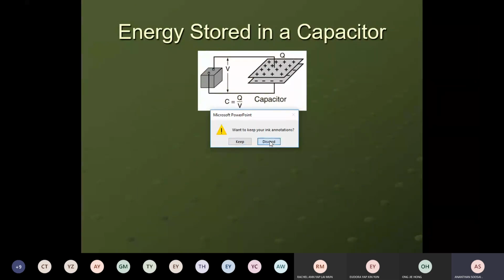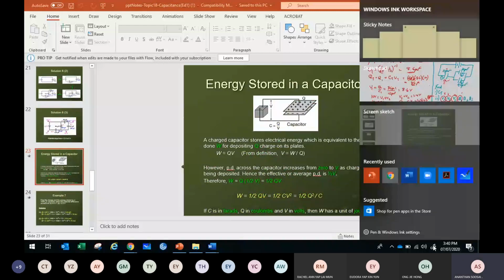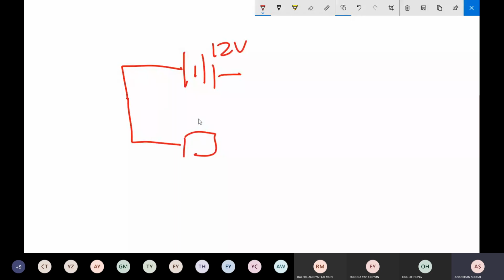So before we continue with energy, another question. Okay, you have one battery, and you have a capacitor here, 20 microfarad, and another one which is 40 microfarad.